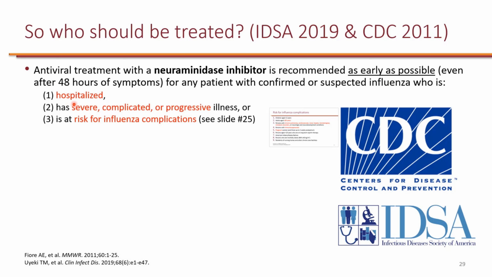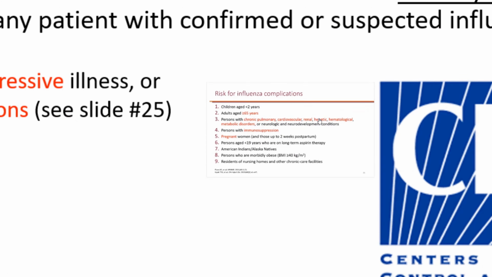So anybody who's hospitalized because of flu, whether confirmed or suspected, should receive neuraminidase inhibitors. Also, if someone is not hospitalized but has severe, complicated, or progressive illness, they should receive a neuraminidase inhibitor, as well as outpatients who are at risk for influenza complications. And those risk factors are on slide 25.